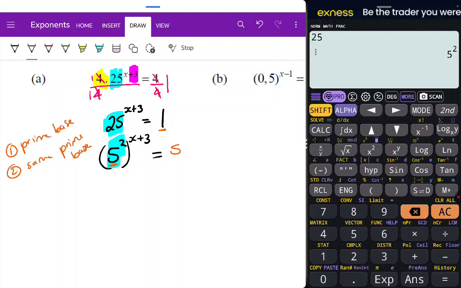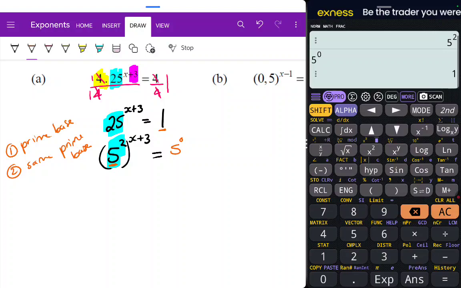And this again is a law of exponents. Anything to the power of 0 is equal to 1. So 5 exponent 0 is equal to 1. I can translate that 1 into 5 to the power of 0. This is important to know. So I've done 2 things. I've got prime bases on the left, and I got the same prime base, 5, on the right.